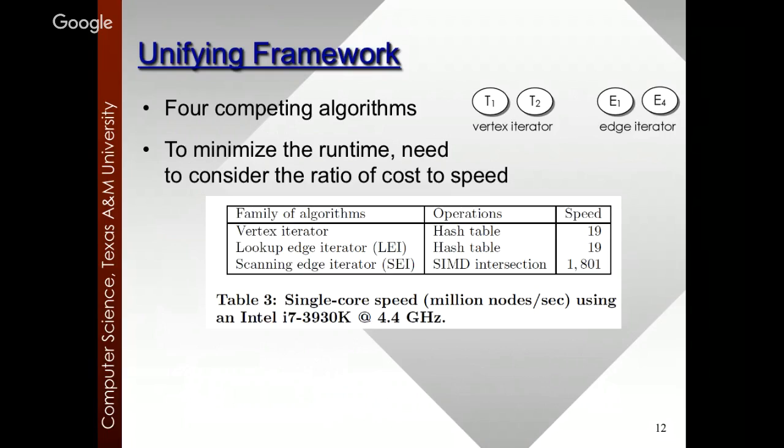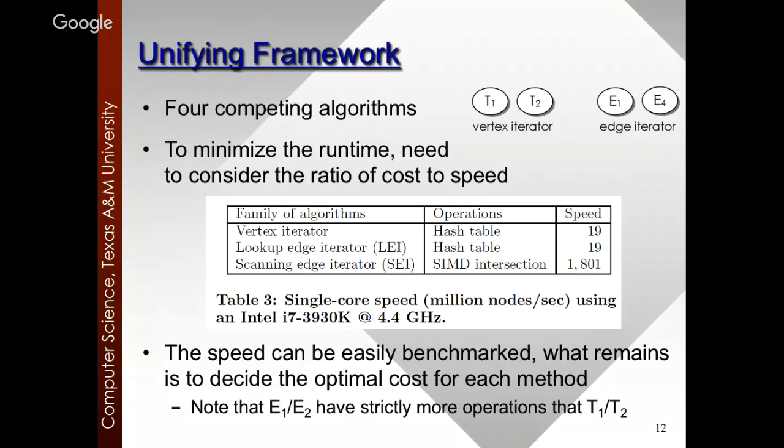So, as we know, the runtime of an algorithm, theoretically, is the number of operations divided by the speed of the elementary operation. The vertex iterator and the lookup edge iterator are both going to use hash tables, while the scanning edge iterator can use SIMD intersection instructions, which have a huge speed advantage over hash tables, about a factor of 100 times faster.